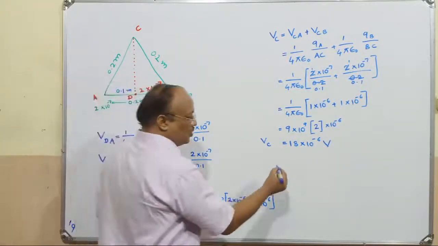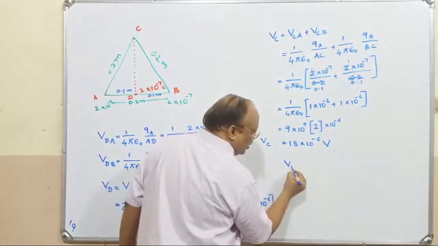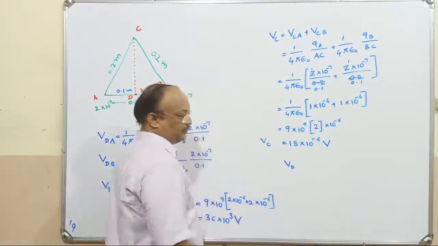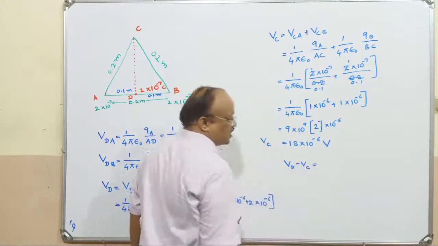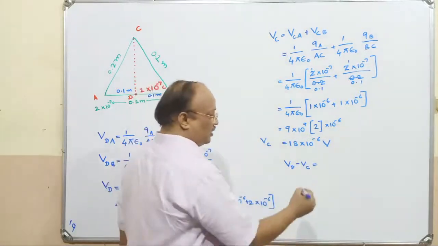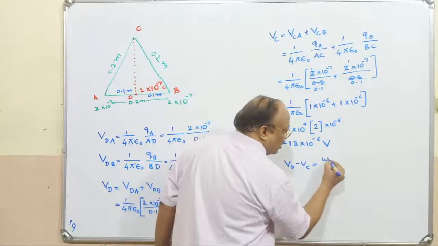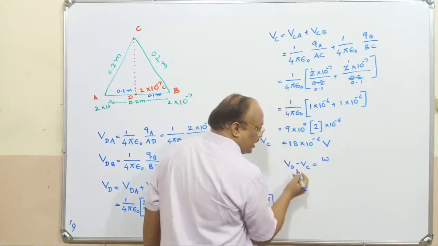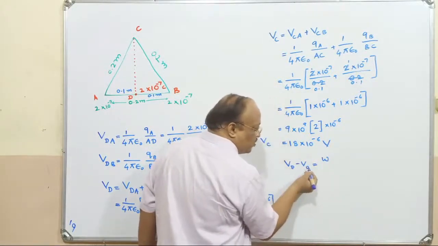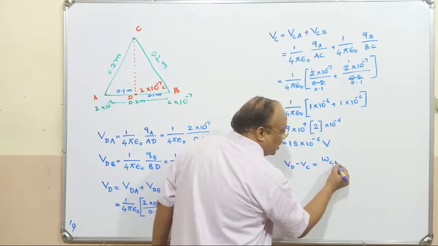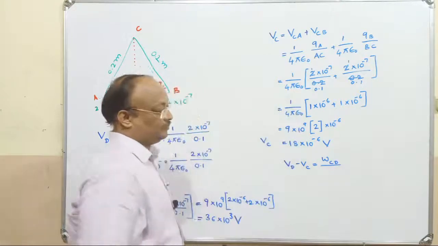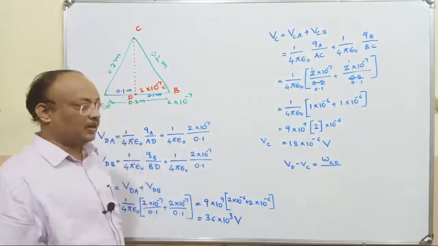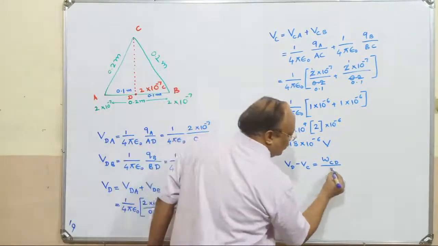Okay, so VD minus VC is equal to our formula W, it will be WCD by Q naught.